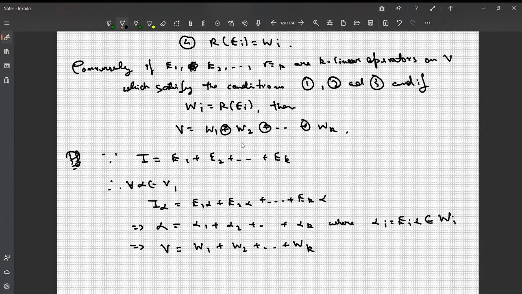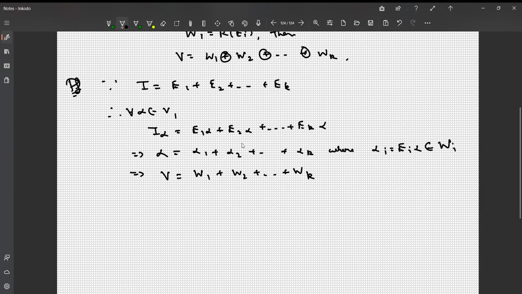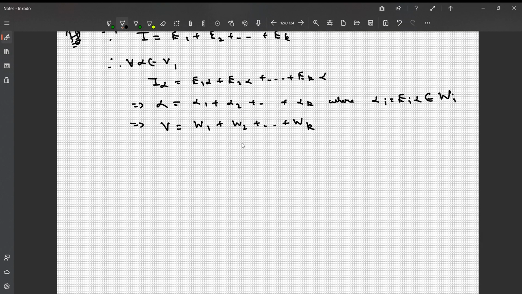Is it clear? So we are just left to show that this is indeed a direct sum, or rather proving that these subspaces are independent. Okay, so we try and do this. Now we have alpha equals alpha 1 plus alpha 2 and so on till alpha k, where each alpha i is from Wi. Okay. What is Ej of alpha?